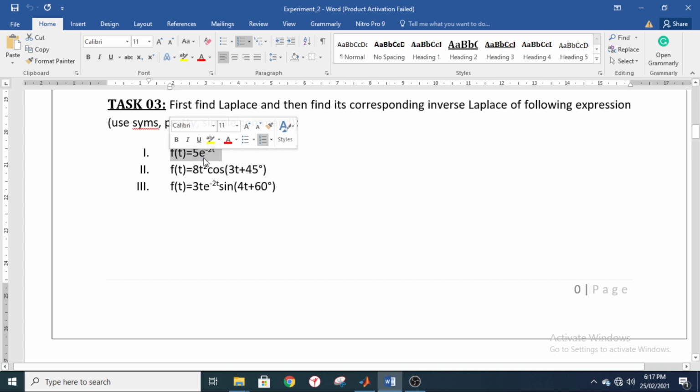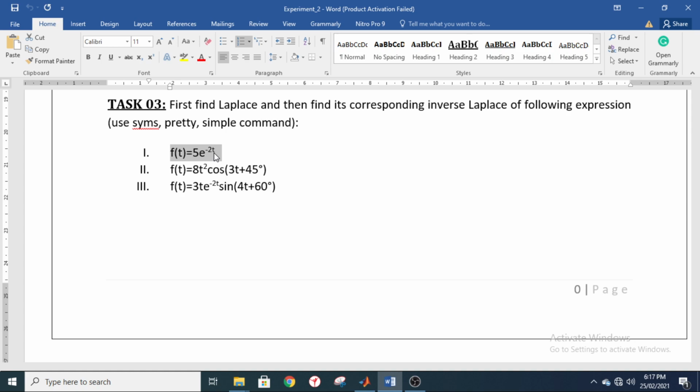Because MATLAB doesn't know about this e sign, we have to define this variable, this equation. And as you can see, t is the symbol. We don't have any constant value for t.